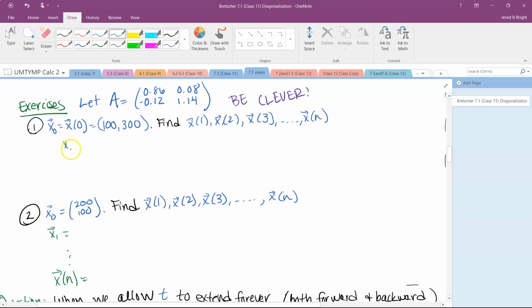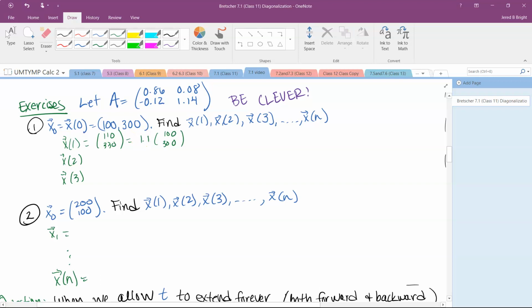So we can look at x of 1 and x of 2 and then x of 3. For x of 1, you can do the calculation here. You end up getting 110 and 330, which, if I think about it in terms of the initial state vector, 100 and 300, I'd have to multiply that vector by 1.1.